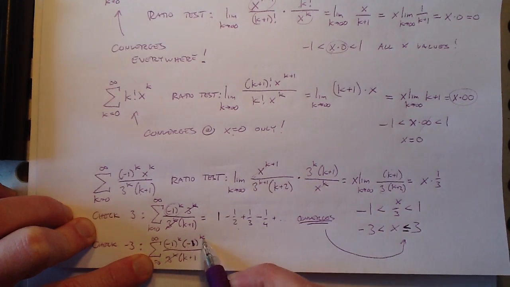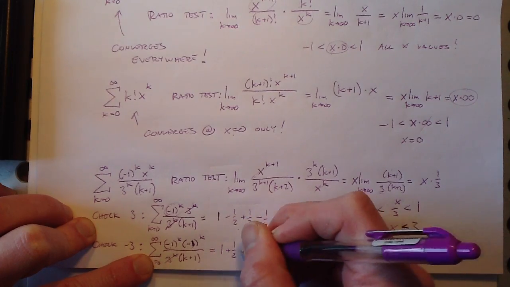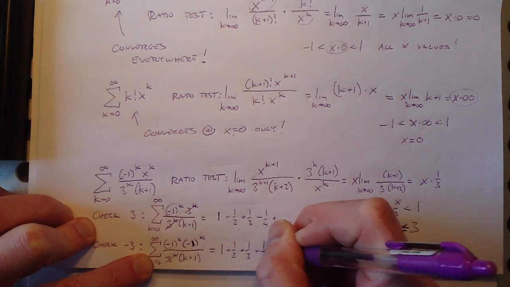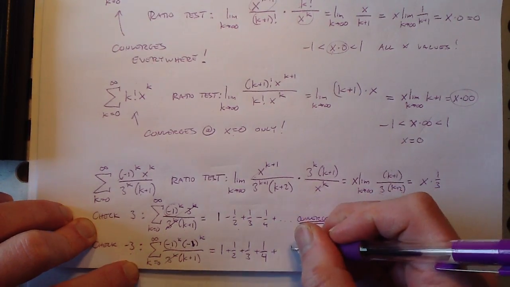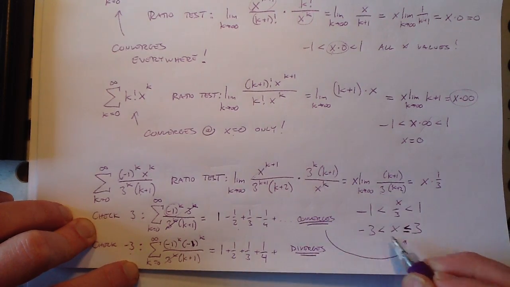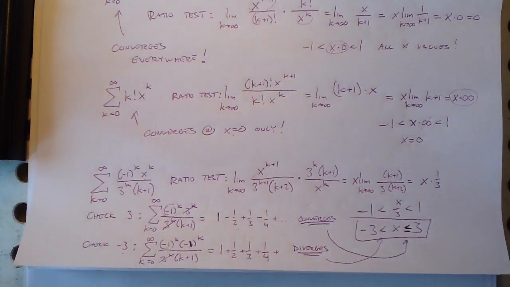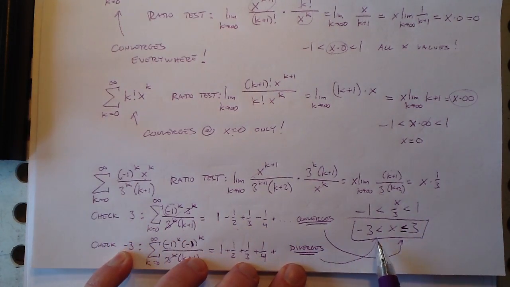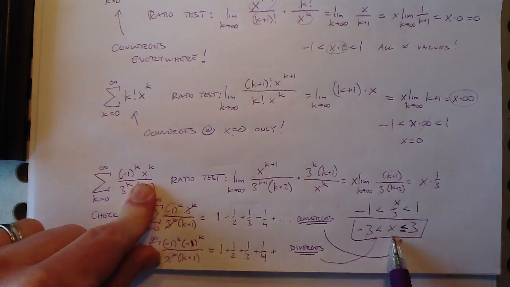And -1 to the k times -1 to the k, since those are always the same sign, both positive or negative, what we're going to get is the harmonic series, right? Because we plugged in -3, it didn't alternate this time. And you know that, even though it does so slowly, that diverges. So, no equal sign there. Bam, there you go. The interval of convergence for this is from -3 to 3. And notice the center, it is centered at 0. All right.